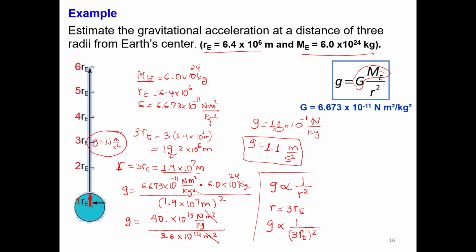Then now we can square this one. G is inversely proportional to 3 to the second power, which is 9. What happens if the distance is increasing by 3 times with respect to the surface of the Earth?